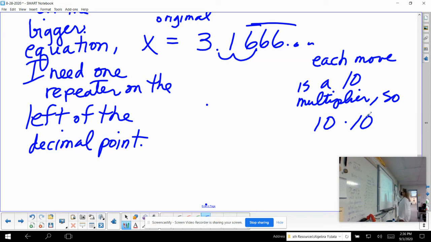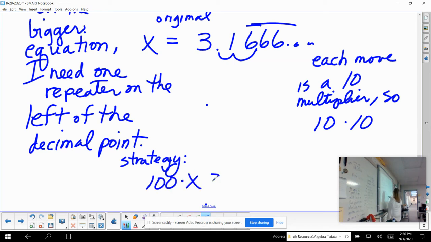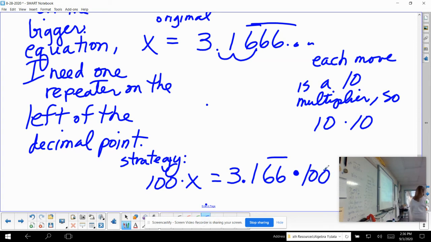So we're going to multiply this guy 10 to 100. So here's our strategy. 100 times x and 100 times the 3.1666. That's our strategy.